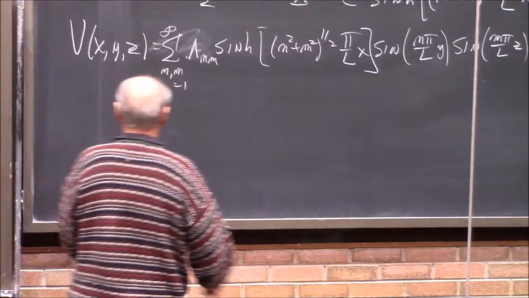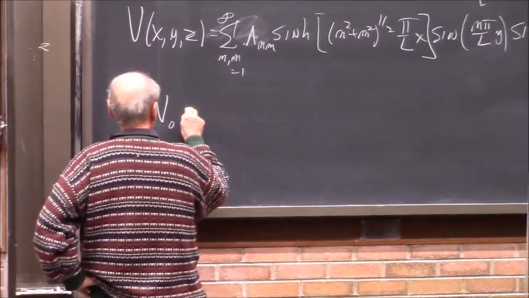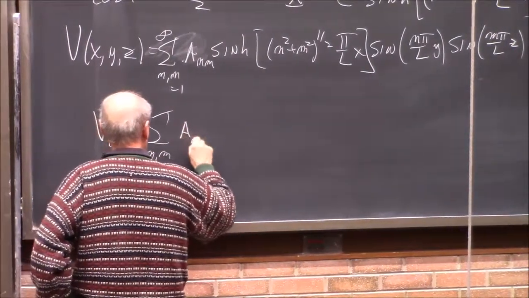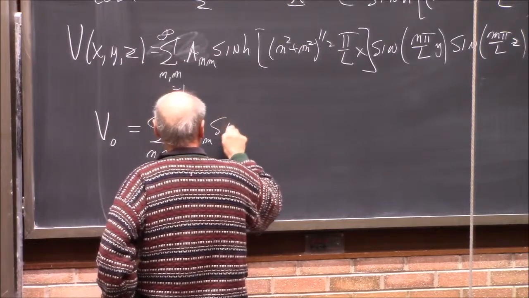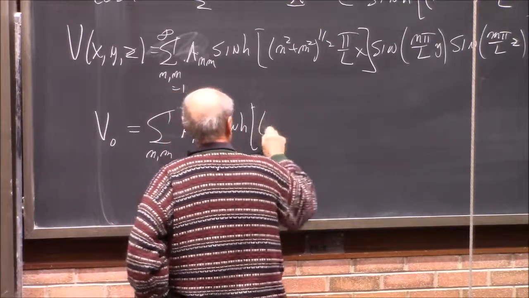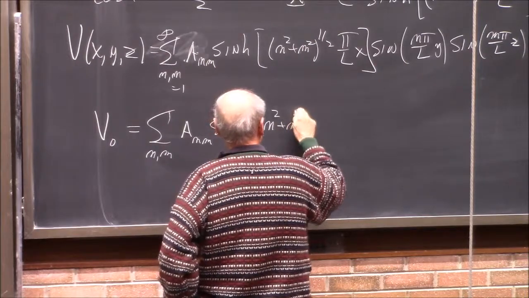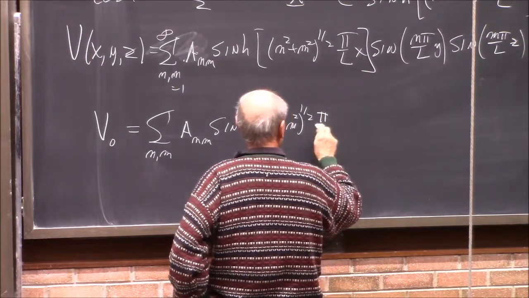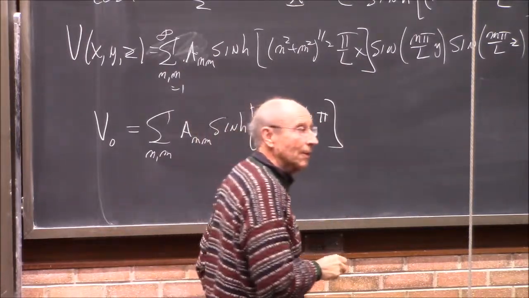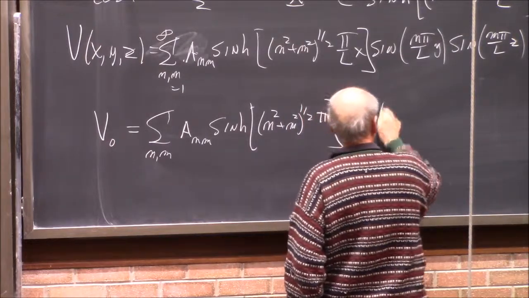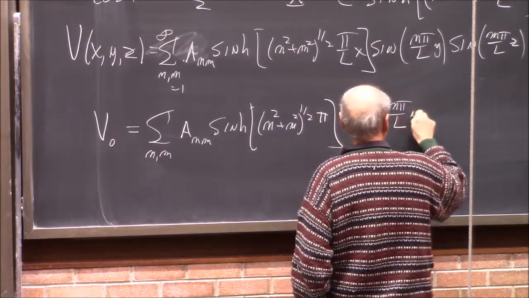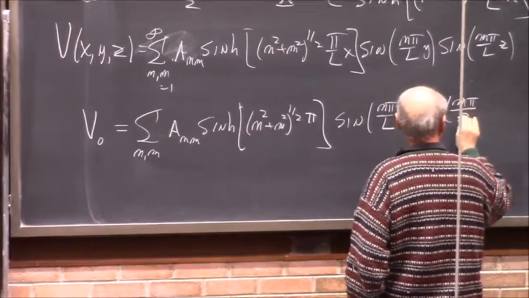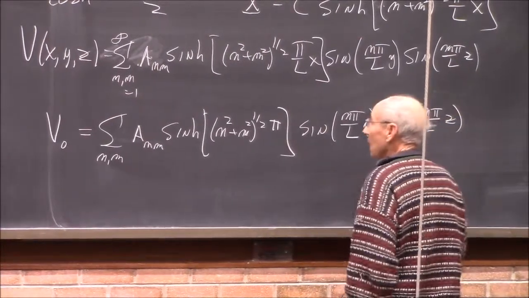So what we must have is v0 is equal to the sum over n, m of a_nm, sinh of (n squared plus m squared) to the 1/2 pi L over L, which is 1, so just pi, times sine n pi over L times y, sine m pi over L times z.